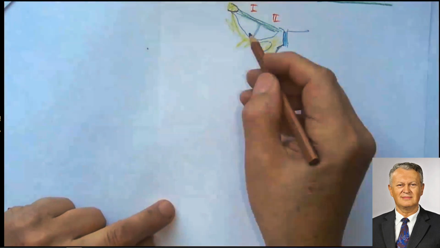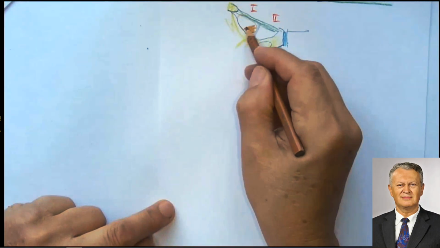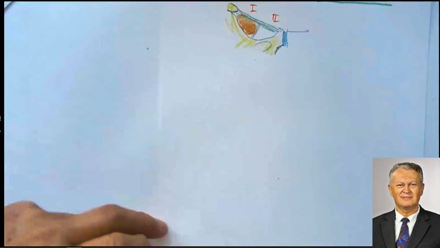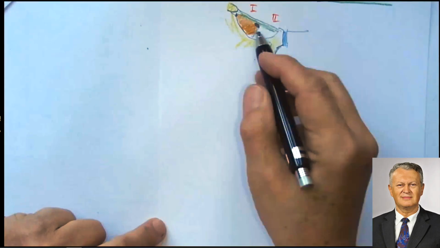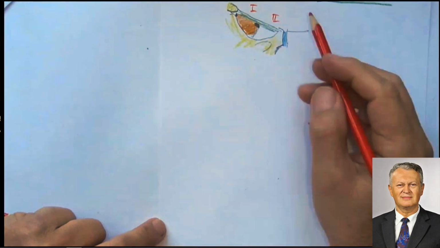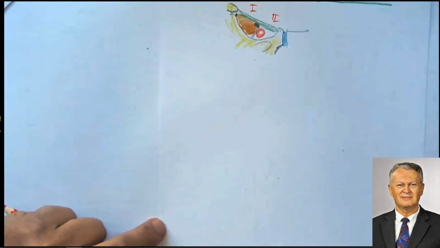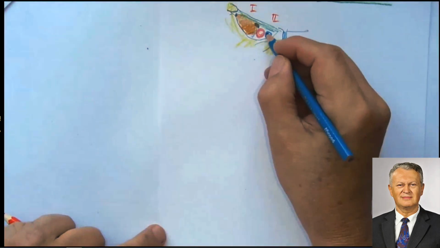I'm using the colors for muscles. Here is the iliopsoas muscle, plus two black dots indicating the nerves, femoral and lateral cutaneous. And in the second lacuna, there are two vessels, always the artery in the lateral position, the vein always in the medial position.